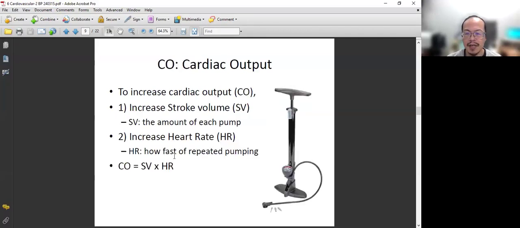Let's first look at the cardiac output. Cardiac output is the blood coming out from the heart. The heart is like a pump, right? It squeezes, squeezes, squeezes. It's not anything new.